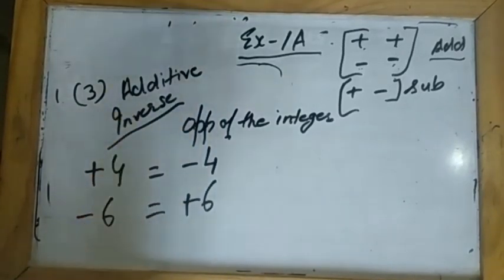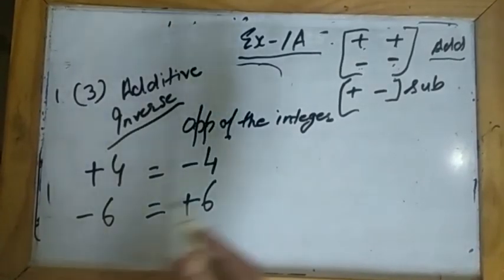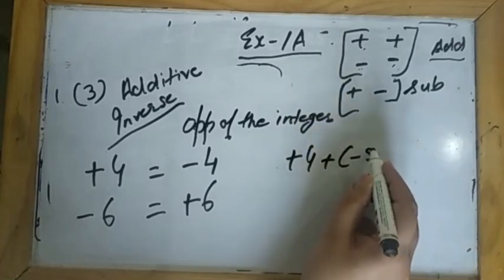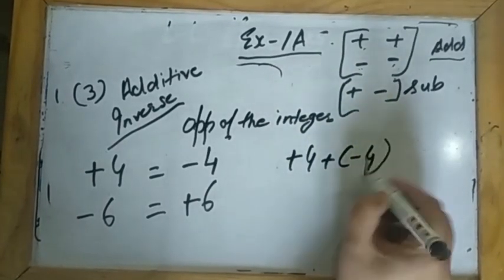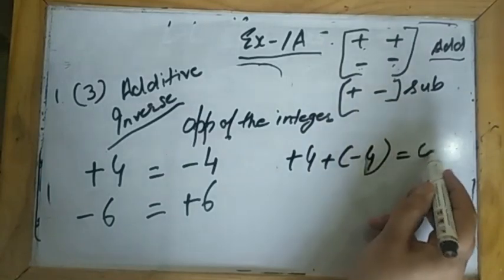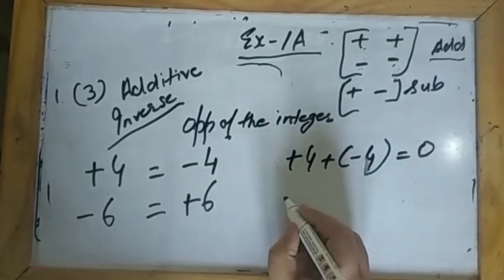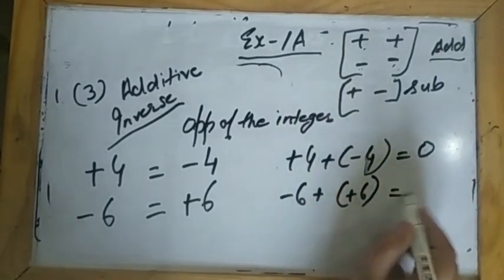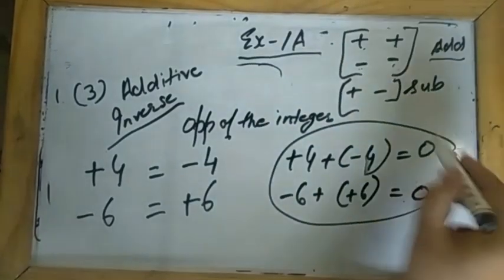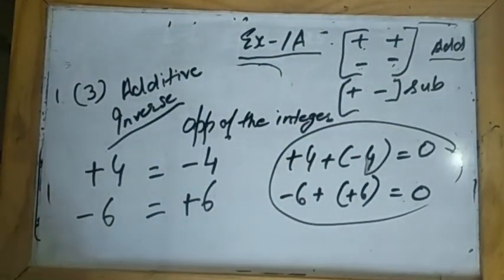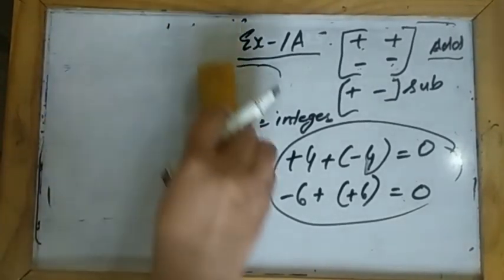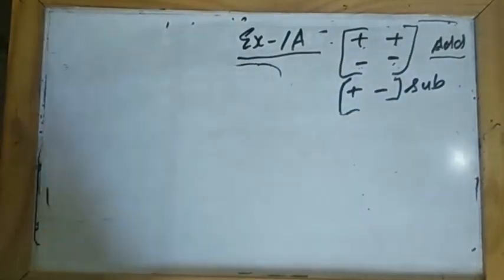So if you have a positive integer, it becomes negative, and if you have a negative, it becomes positive. And if you add two opposite integers like +4 and -4, you will always get the answer 0. If you add -6 and +6, your answer always will be 0. So this is called additive inverse, means the opposite of the given integer. If you add the opposite of the given integer, your answer always will be 0.